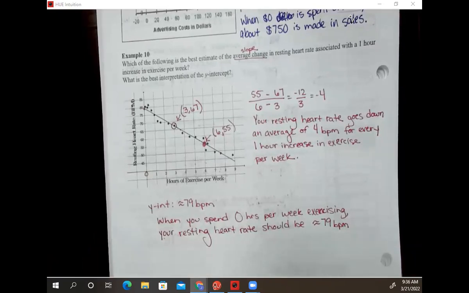For whoever this person is, if they didn't exercise at all, we would expect their resting heart rate to be about 79 beats per minute.